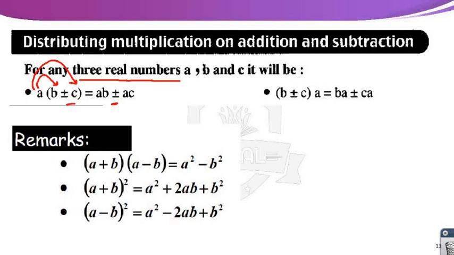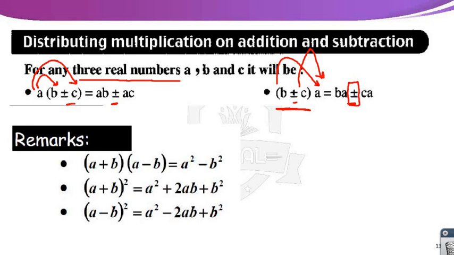So we have here (b ± c) multiply a, so we multiply b times a, with positive or negative, and then c times a.